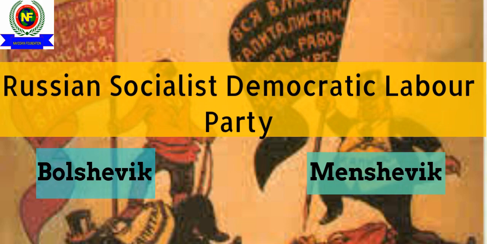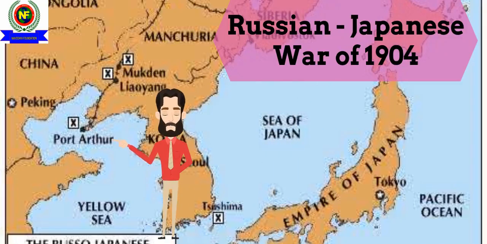The Bolsheviks called for dictatorship of the proletariat as put forward by Lenin, but the Mensheviks called for democracy within the revolution.